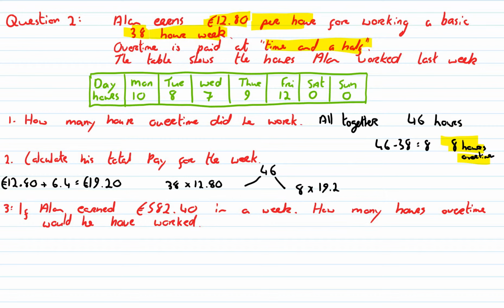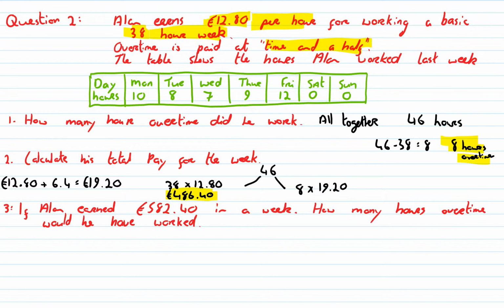Okay. So we calculate both of these. We have 12.80 multiplied by 38, which gives me €486.40. So that's his normal time, what he gets for his 38 hours. And then we have 8 multiplied by 19.20.